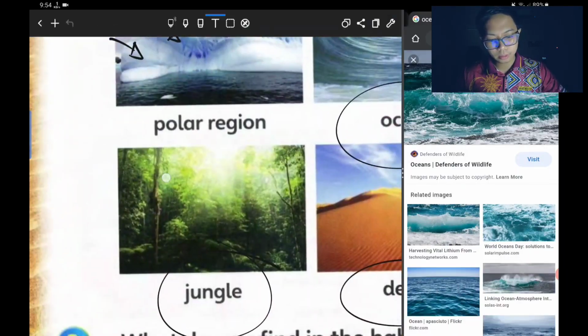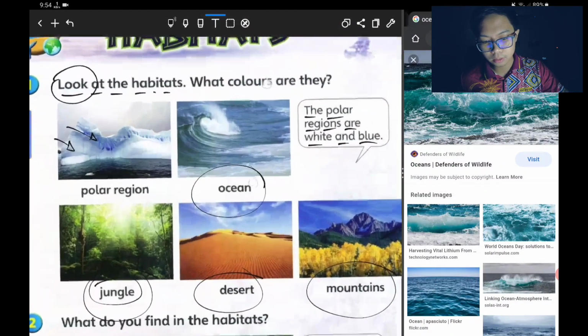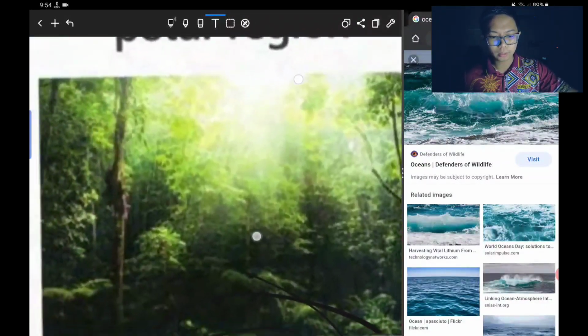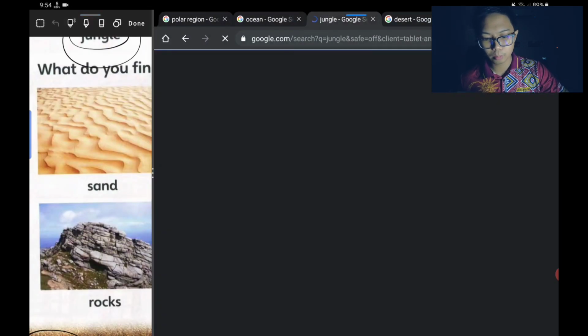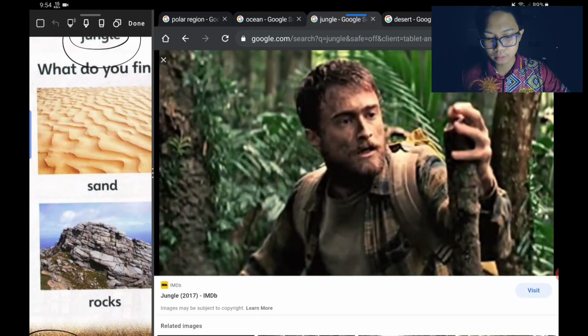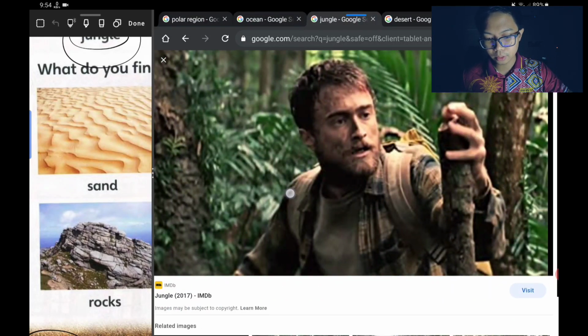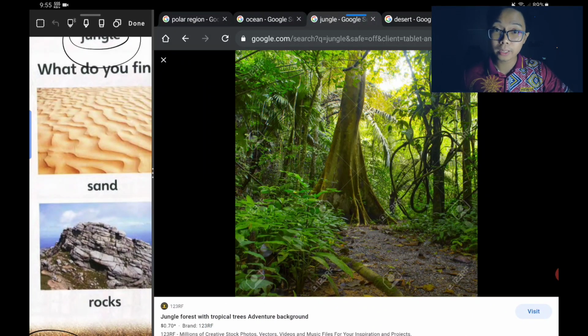So next, let's have a look on the jungle, the third one. So the jungle is green, mostly are green. But let's have a look on more pictures. So this is the jungle. Who is this? Is this Harry Potter? Jungle. It's a movie, but never mind.